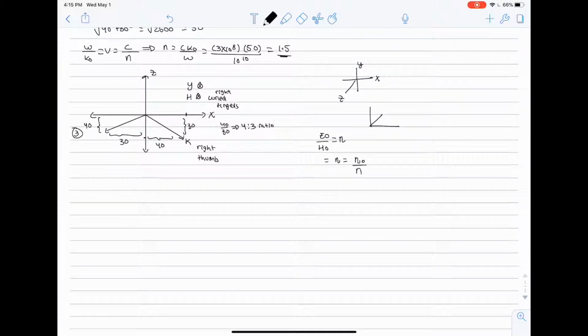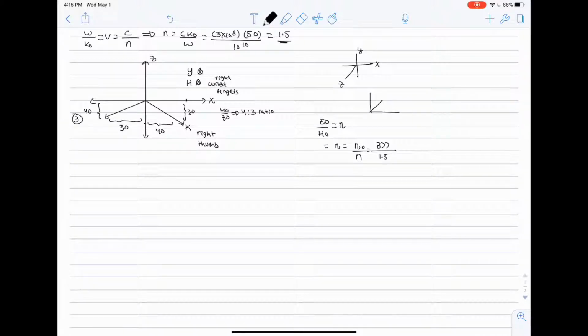And we calculated n earlier to be 1.5. And we know our eta naught in air is 377. And when you divide those two numbers, you get 251.33.